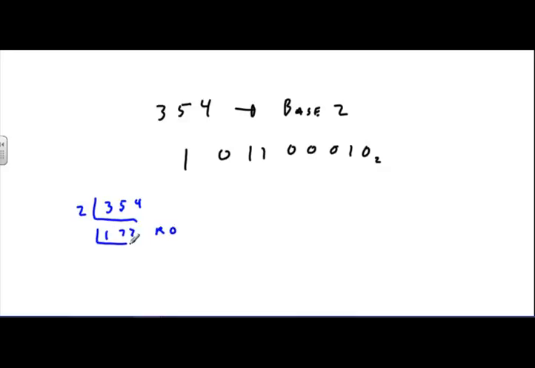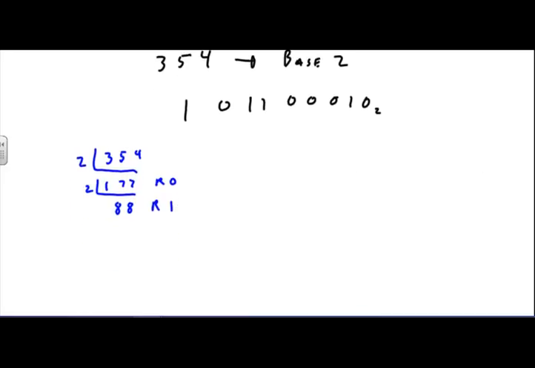Okay, I'm going to divide that by 2, and 2 goes into 17 8 times, so 88, remainder 1. And then I'm going to divide by 2. I'm going to get 44, remainder 0. And then I'm going to divide by 2 again. I'm going to get 22, remainder 0.